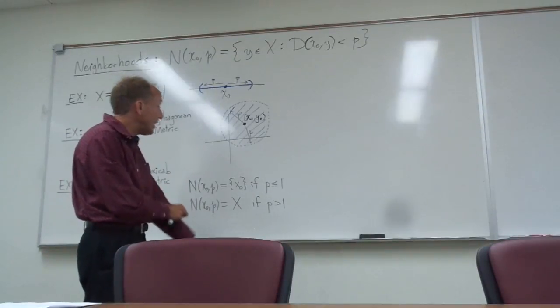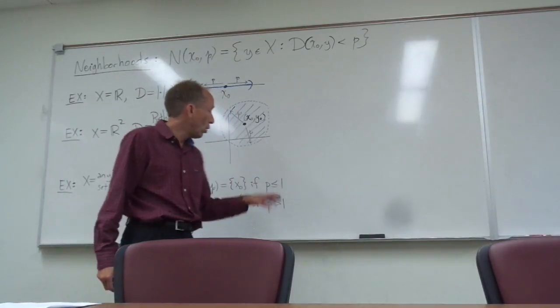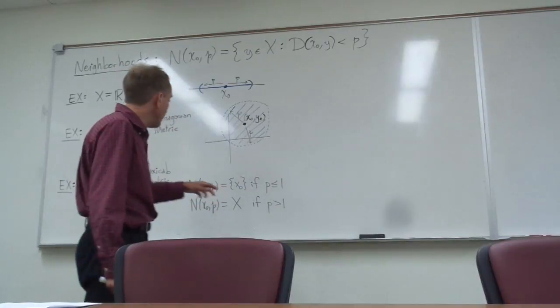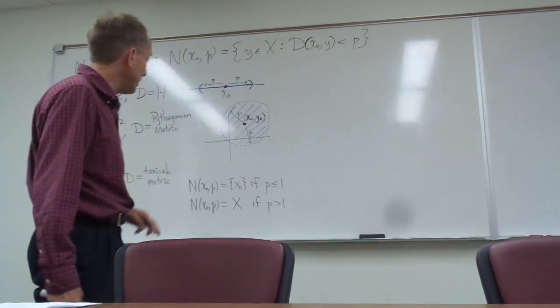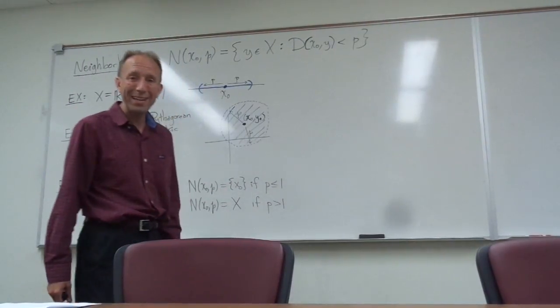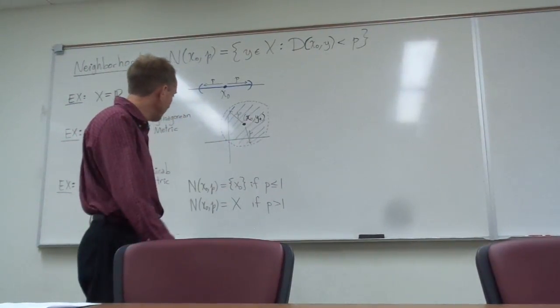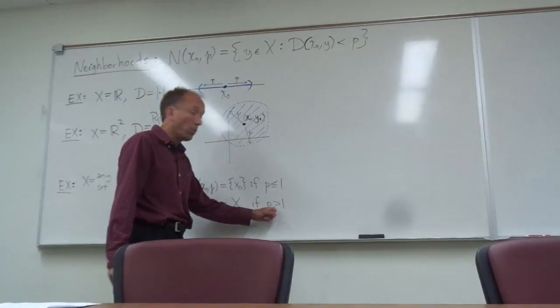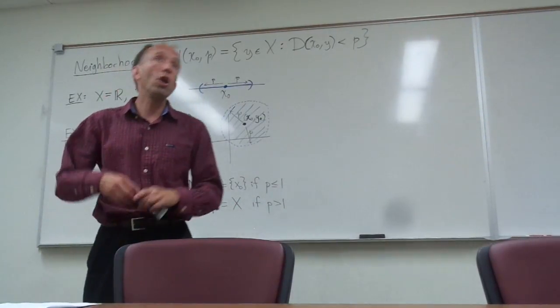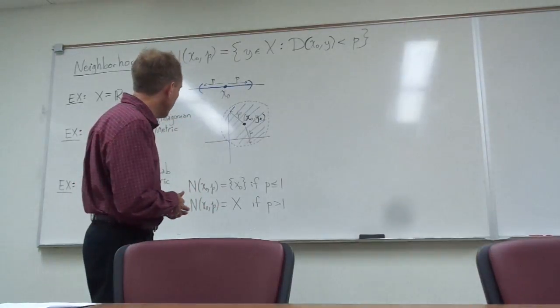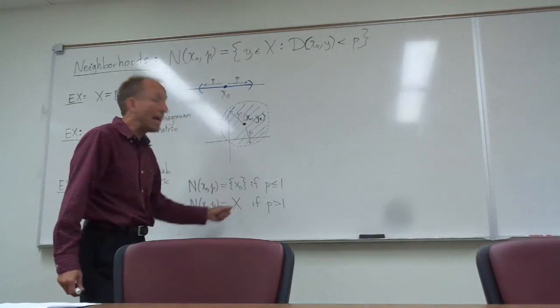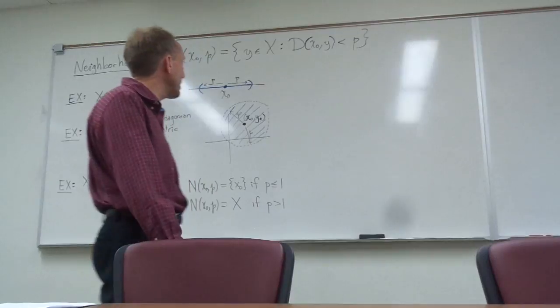If your radius p is 1 or less, then the only point in the neighborhood of x naught of that radius will be x naught itself. All of the other points are too far away. But if your radius is more than 1, then since all points are within 1 unit of each other, the distances are never more than 1, then the entire set X would be a neighborhood in that case.